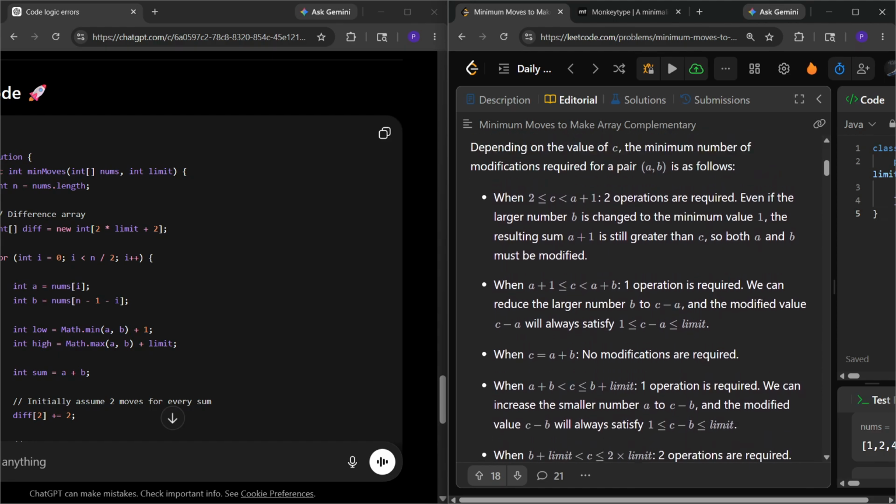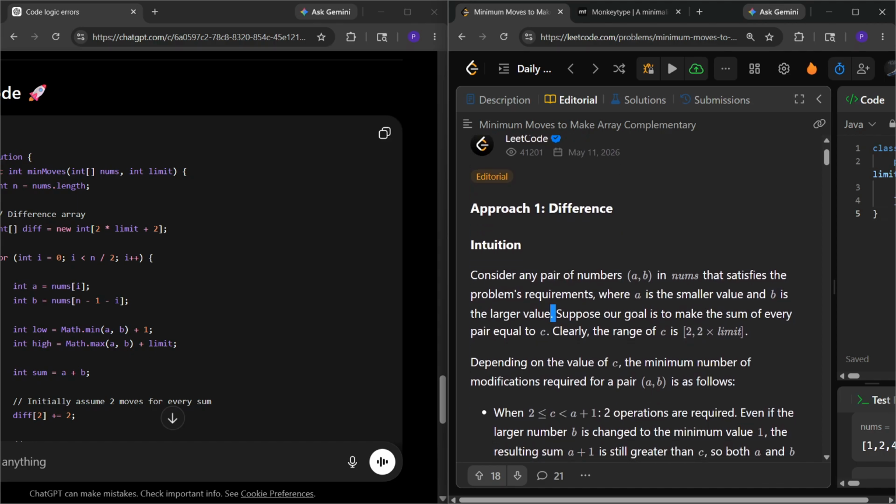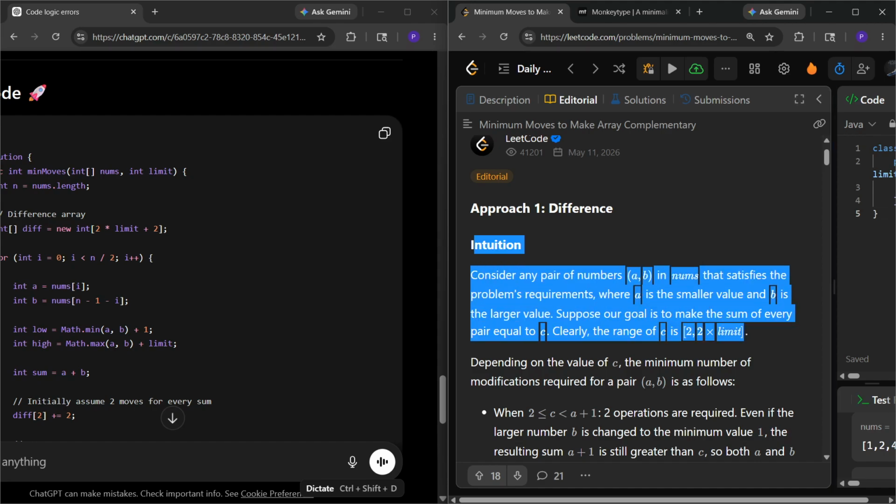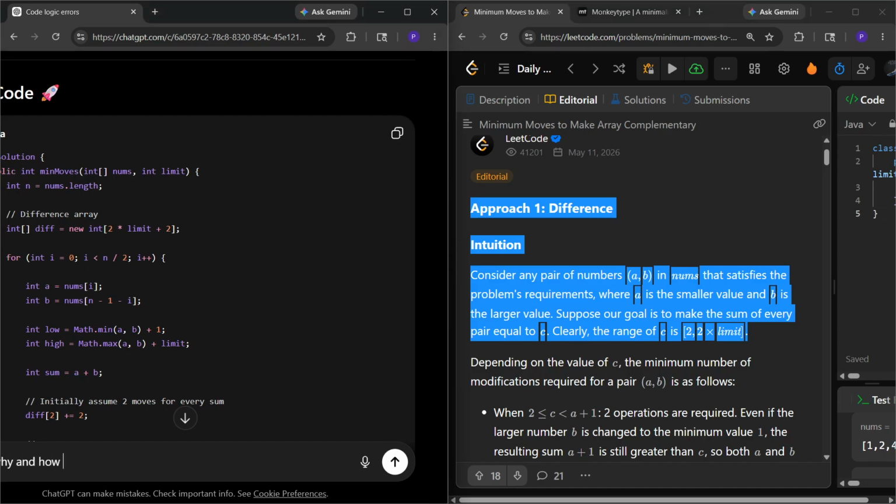This is even more confusing. Okay, why and how is it 2 comma 2 into limit? What the hell is the multiplication sign?